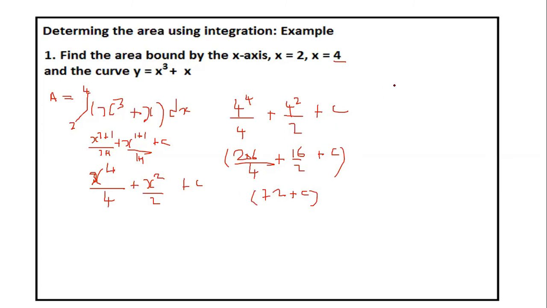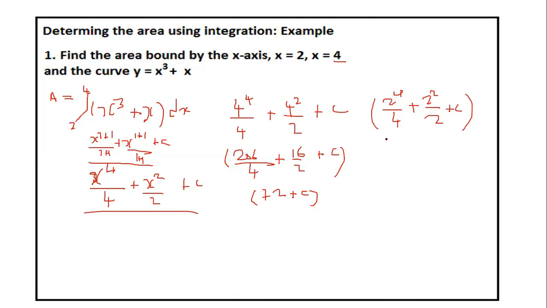Then we do the same also where we substitute 2 into this integral here. So we're going to have something like 2 to the power 4 over 4, then plus 2 to the power 2 over 2, plus C. So we close this one.